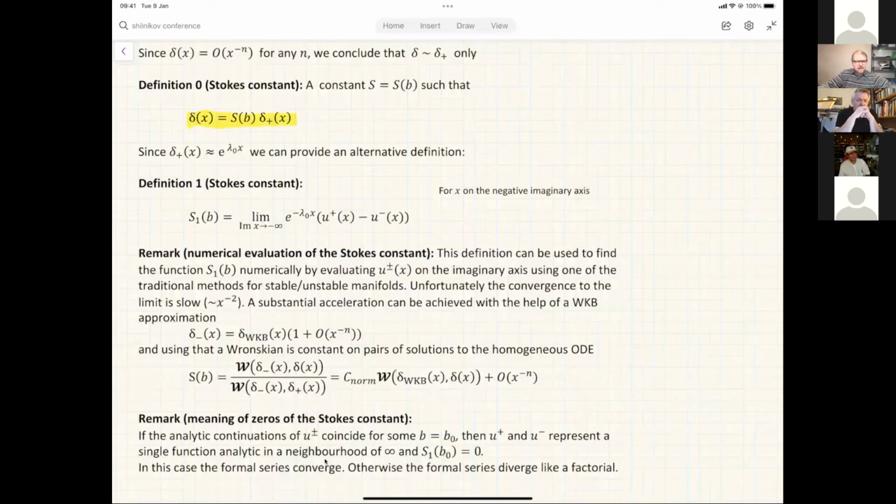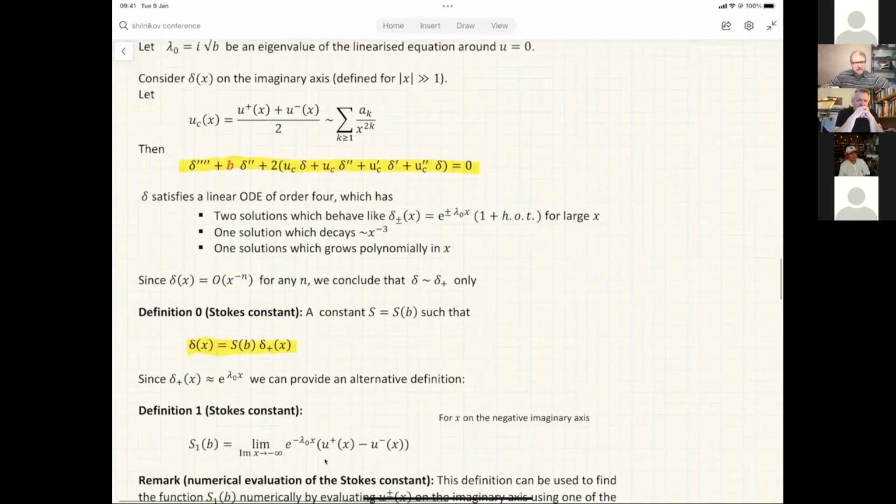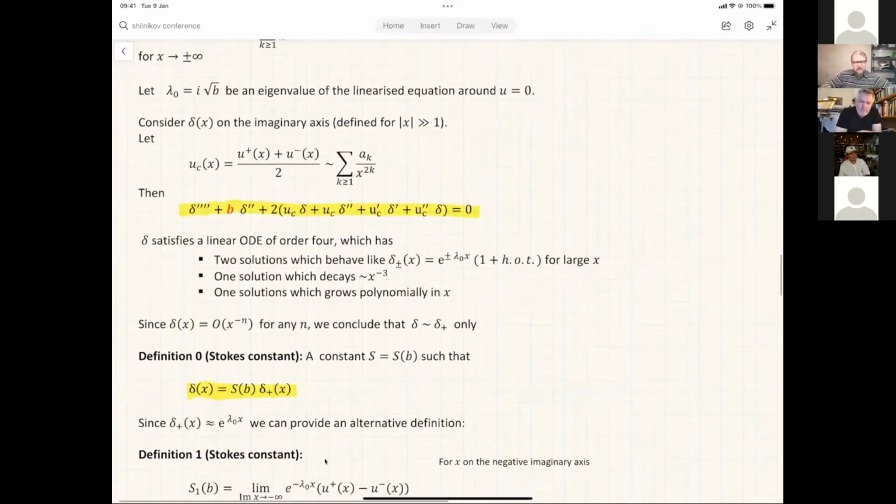In this case, the formal series which represent each of the solutions converge. And this formal series represents a Laurent series which actually satisfies the differential equation, even if the equation itself is not integrable.